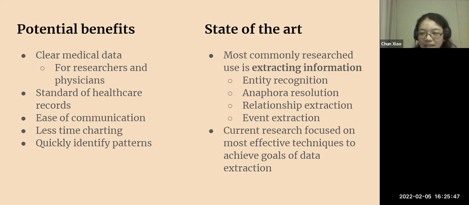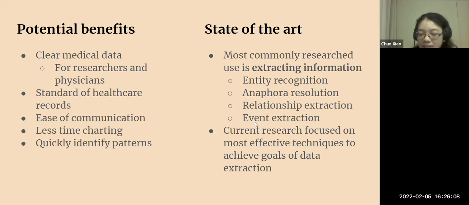And secondly, it's anaphora resolution, which is basically telling the syntax and grammar of some word and language. Third is relationship extraction, which is telling the relationship between 2 variables, which is pretty self-explanatory.